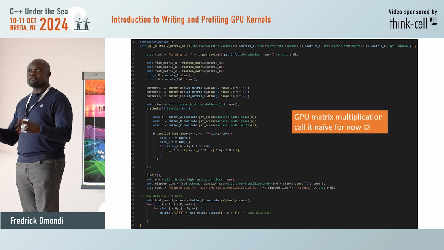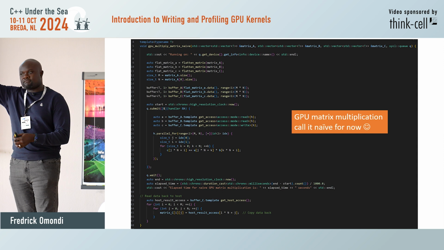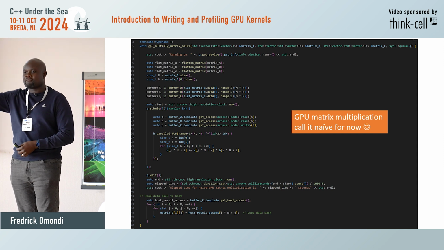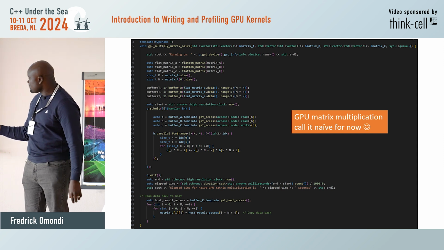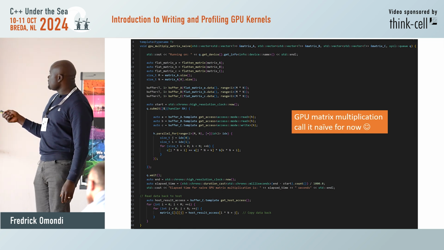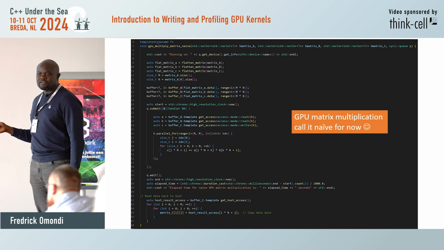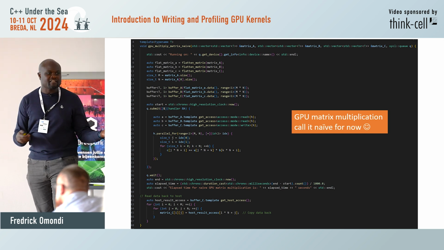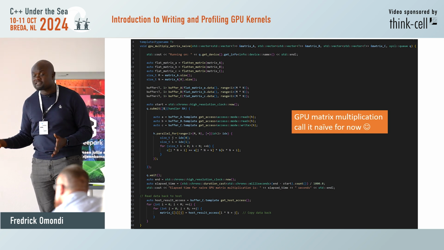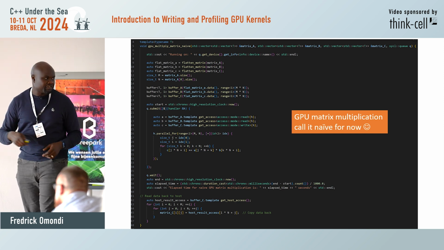When you think of how matrix multiplication works, you're taking elements in this row, multiplying and adding them with the column of the second matrix. This is what the kernel is simply doing. We will call this matrix multiplication naive for now; it's slightly faster than the CPU, but there's a lot of things that we could do later on.